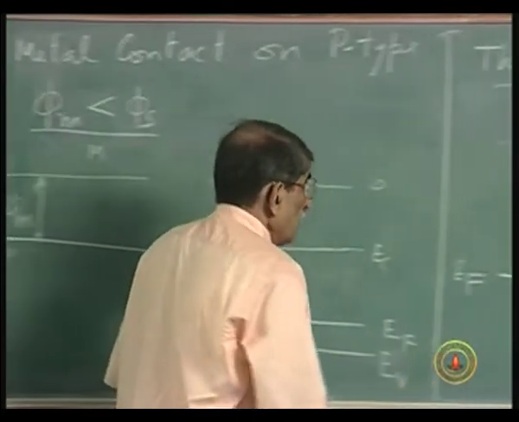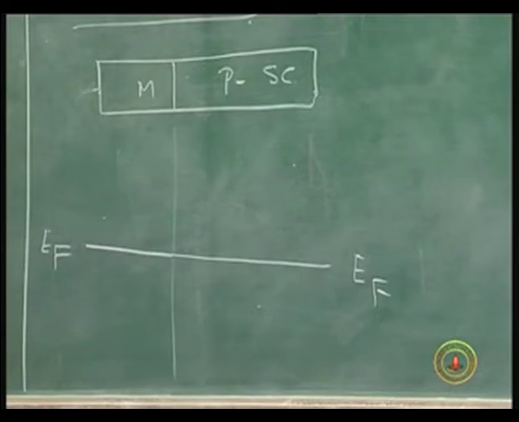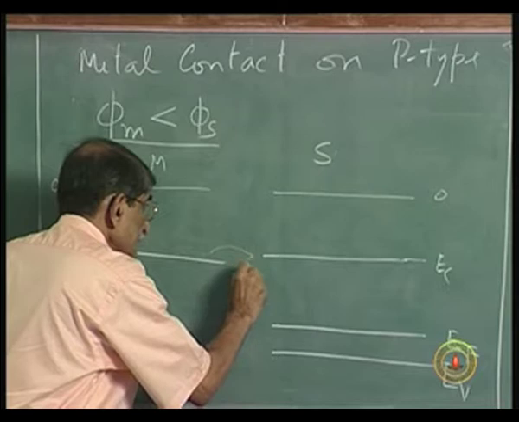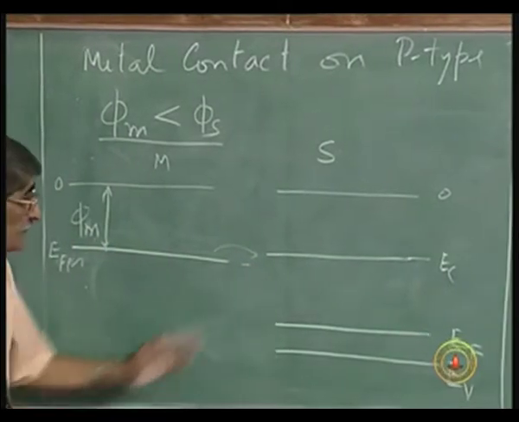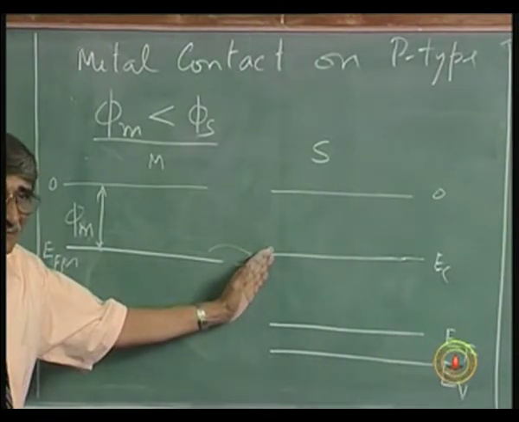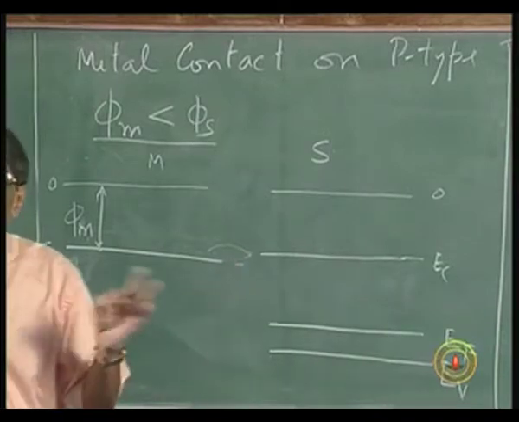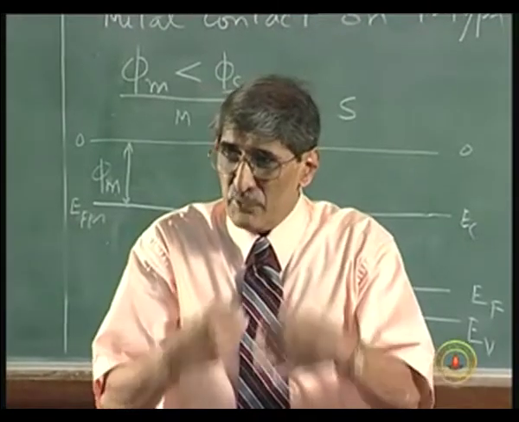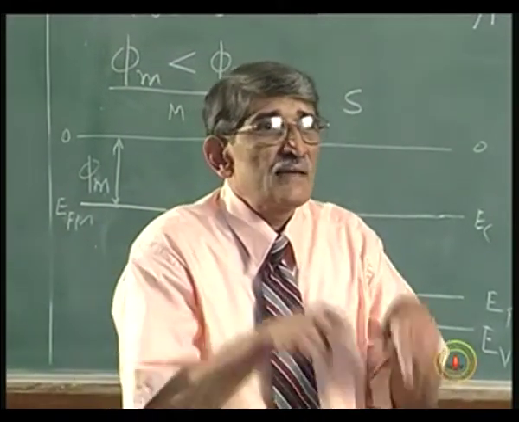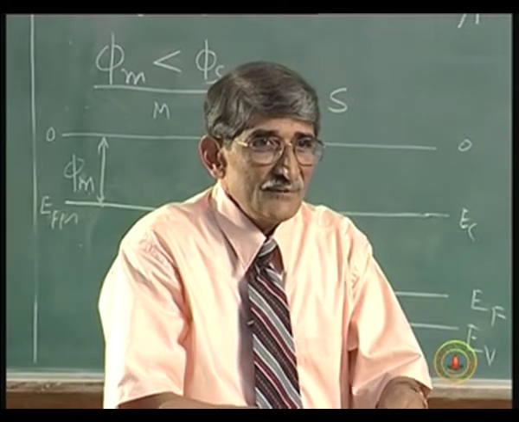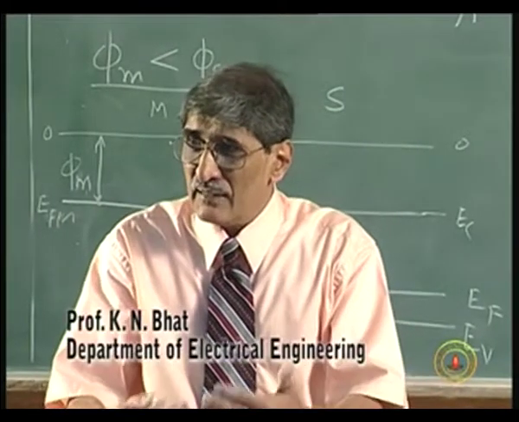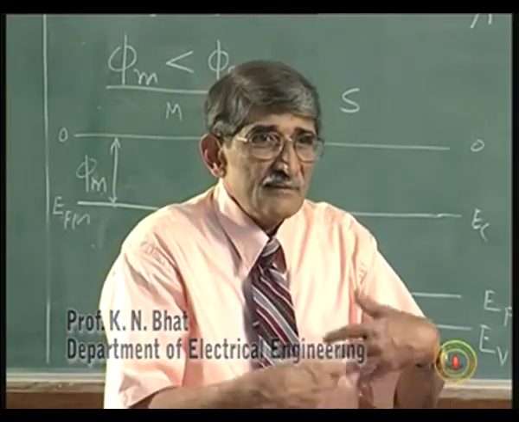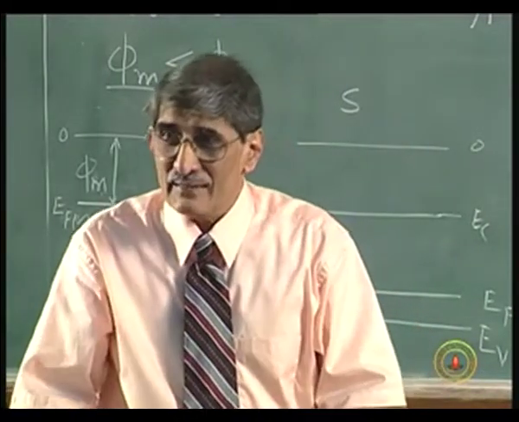Okay. So, now what will you do for this portion? Electrons have got transferred from here to here, that means this has become negatively charged. In a p type semiconductor, if you push electrons into that, that will neutralize the holes. So, whatever holes are there are removed, the portion becomes negatively charged, and you get a depletion layer.